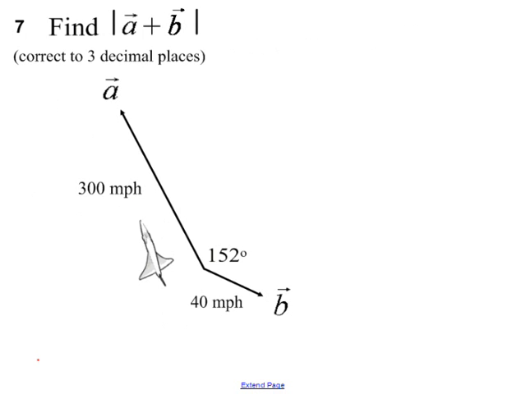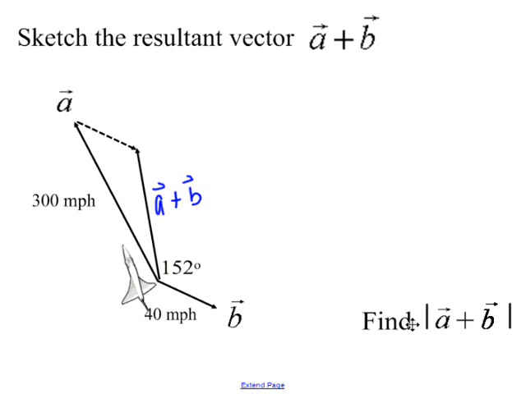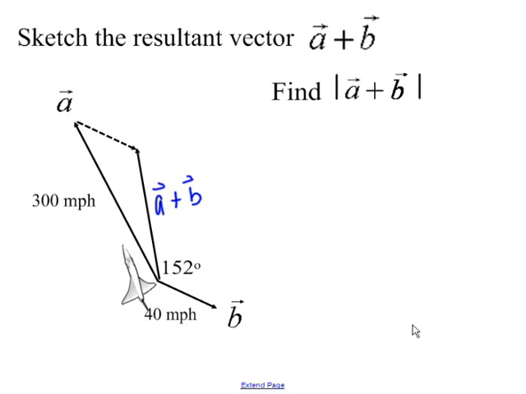Then the next thing they want me to do is find the magnitude. So I'm just going to find the magnitude right on that same sketch that I did. So again, I'd have to use the idea that if I know this angle from here to here is 152, then I know that this angle here is 28 degrees because I do 180 minus 152, and I end up with the 28 degrees.